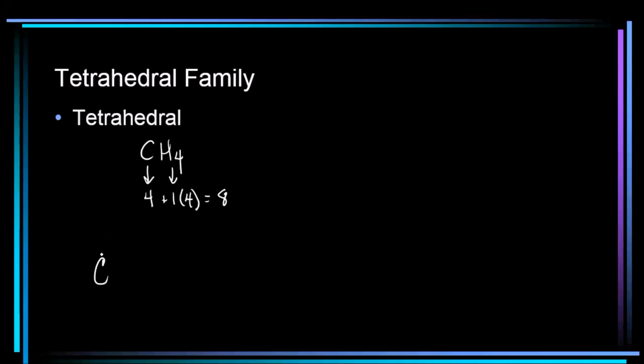Carbon's in the middle. Carbon normally has 2 in the S and 1 in each P. But in order to be able to bond 4 times, it has to move an electron from the S into the final P orbital.